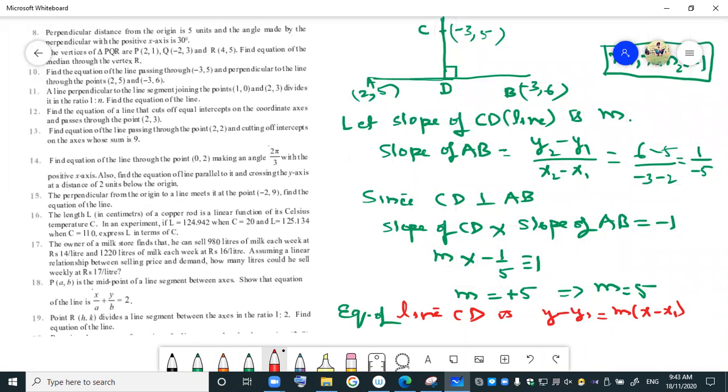Substituting x1 and y1 from the point, and the slope m is equal to 5, we get y minus 5 is equal to 5 times x minus minus 3, which is plus 3.